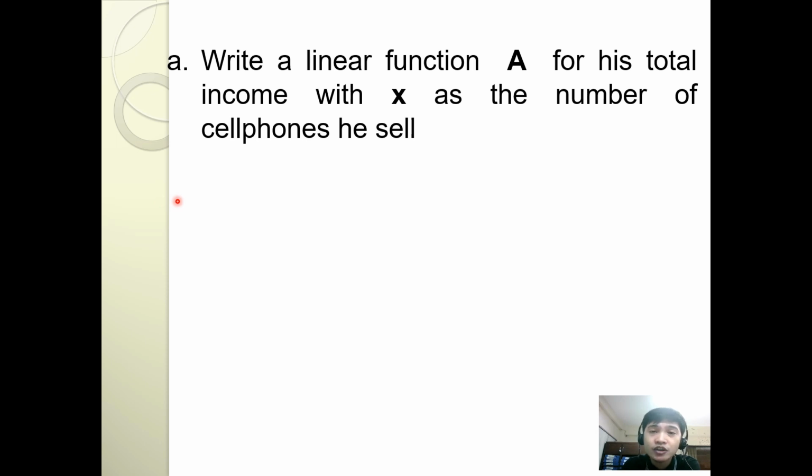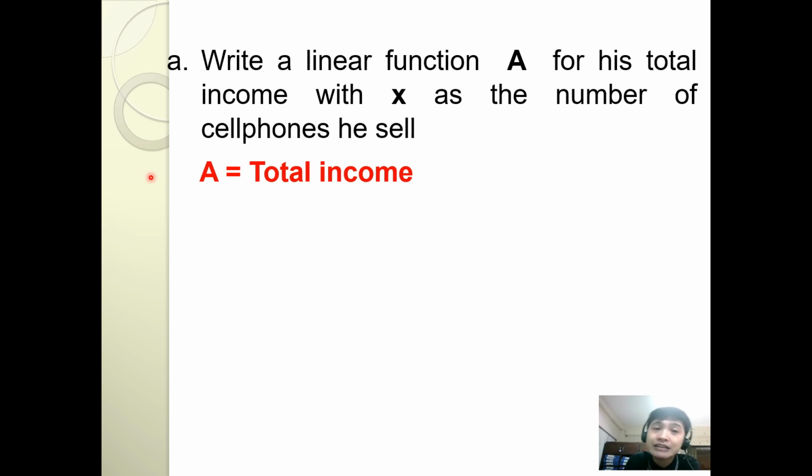Write a linear function A for his total income with X as the number of cell phones he sells. So, i-scrutinize natin yung mga important details sa problem. Una, yung capital letter A na yan or simply A, yan po ay tumutukoy sa kanyang total income.